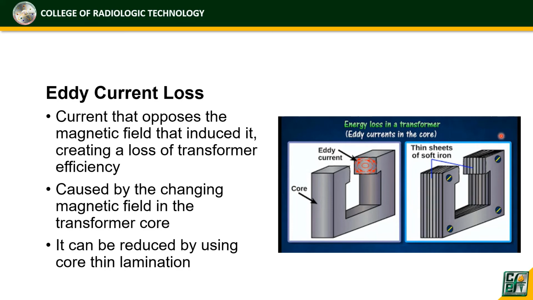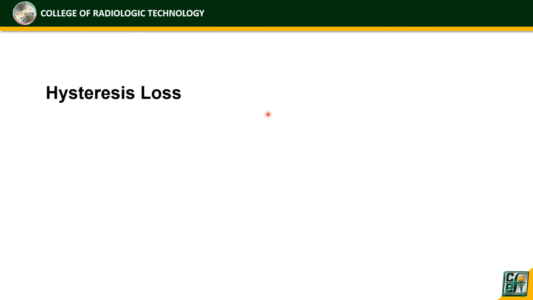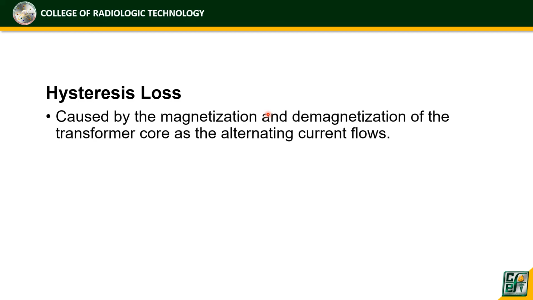Okay. While the second type of core losses or core loss is the hysteresis loss. So basically, hysteresis loss is caused by the magnetization and demagnetization of the transformer core as a result of the alternating current flow.